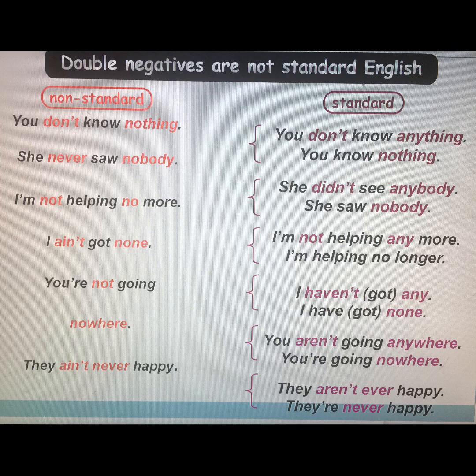Another example, "they ain't never happy." This is non-standard. The standard English would be "they are not ever happy," or "they aren't ever happy," or "they're never happy."